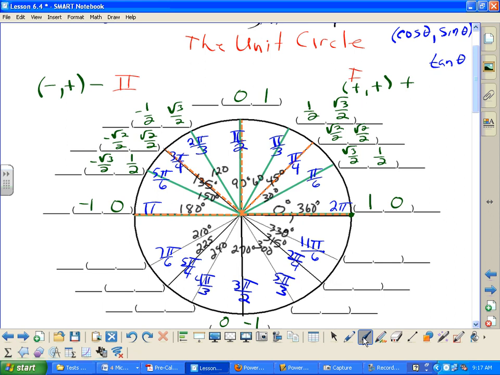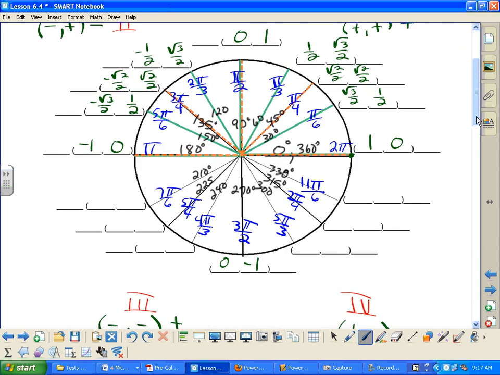So to find all of the rest of them, to do the rest of the unit circle, we're just using reflections. So now I can take the top half of the circle and I can reflect it down over the x-axis for the bottom half of the circle. So how far is 210 from 180? 30 degrees.